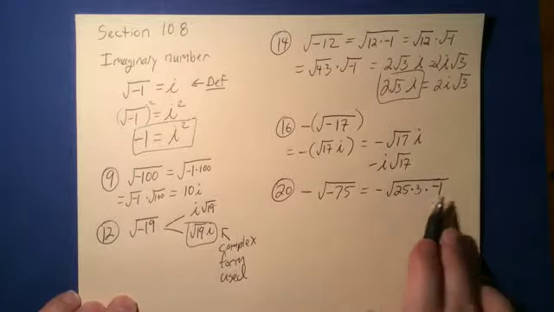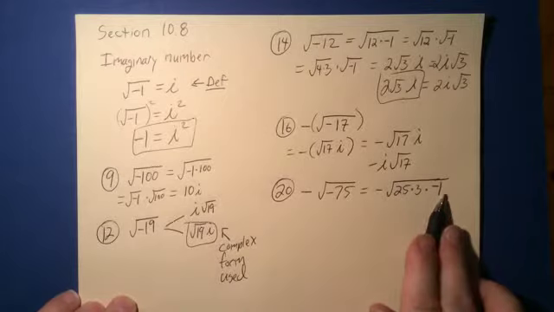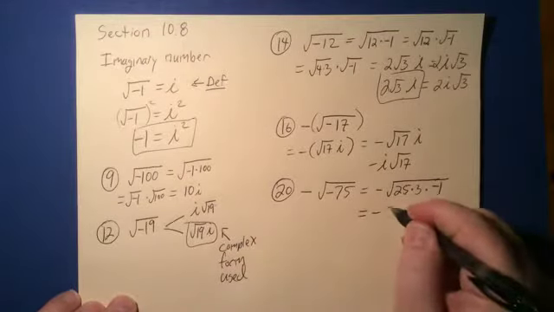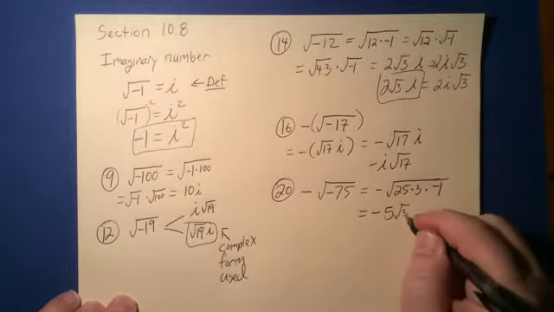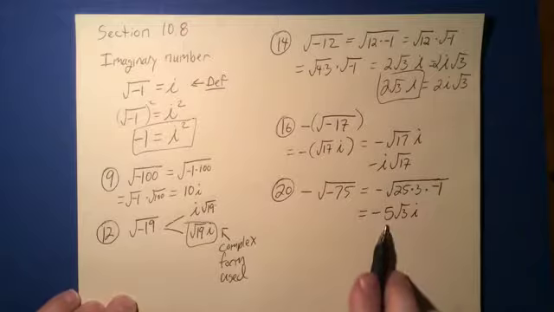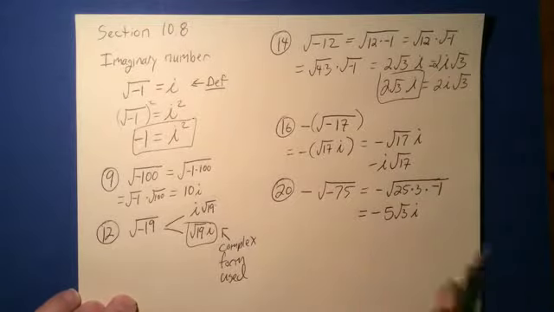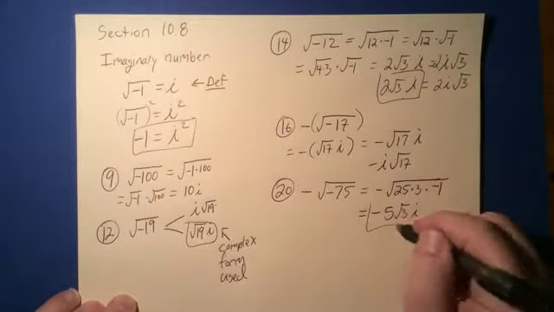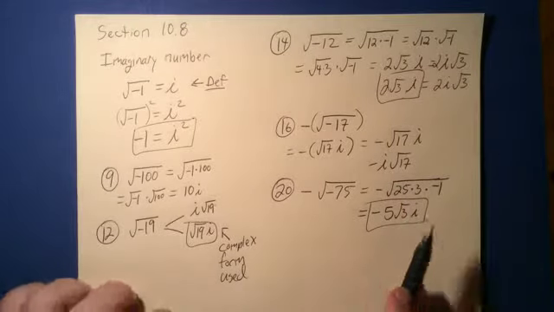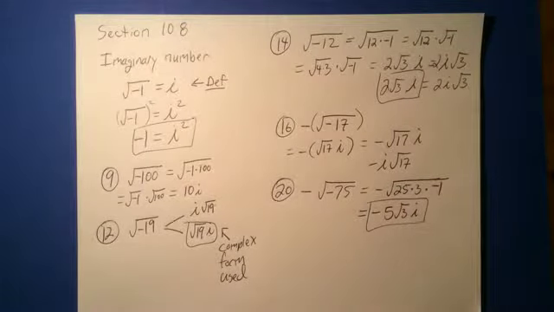The 25 is going to come out as 5. The negative 1 is going to come out as i, so I should be able to simply write this as negative 5 radical 3 times i. Now, again, if you wrote this as negative 5i radical 3, I would accept that as an answer. You're going to see that I will focus on this form of the answer so that when we go to complex numbers, that form should not be too difficult to transition to.